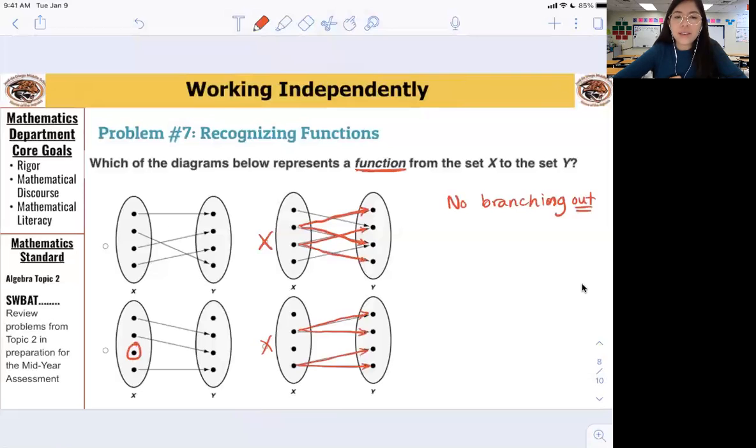That doesn't work out for us because the definition of a function is that every x value has one y value. So if there's an x value, this should be going somewhere, but there is no arrow anywhere, so we don't know where it goes, which means that this is no longer a function.